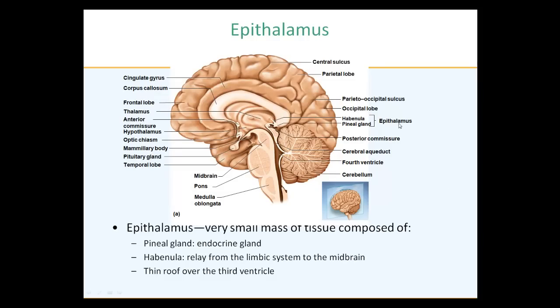So the pineal gland is over here, and it secretes melatonin, which does regulate your circadian rhythm. And we all know when we travel somewhere and have jet lag, that the pineal gland hormone melatonin can help us reestablish our circadian rhythm.